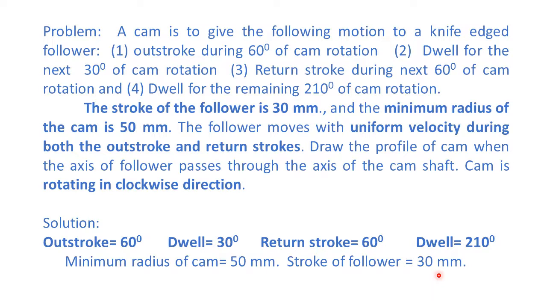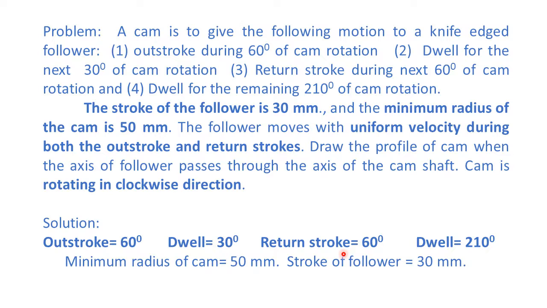For the first 60 degrees it will get lifted by 30 mm, and for the next 30 degree dwell means it will remain at the lifted position.